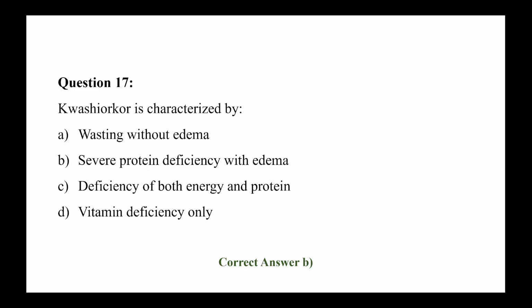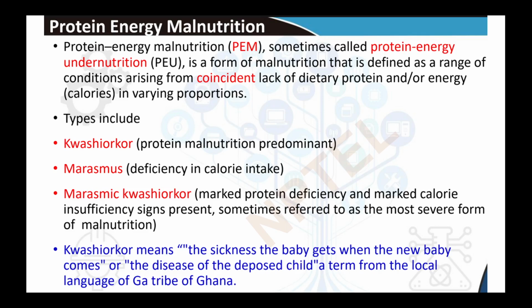So the correct answer to this question is severe protein deficiency with edema. So protein energy malnutrition, that is PEM, is sometimes called protein energy undernutrition also. It is a form of malnutrition that is defined as a range of conditions arising from coincident lack of dietary protein or energy in varying proportions.